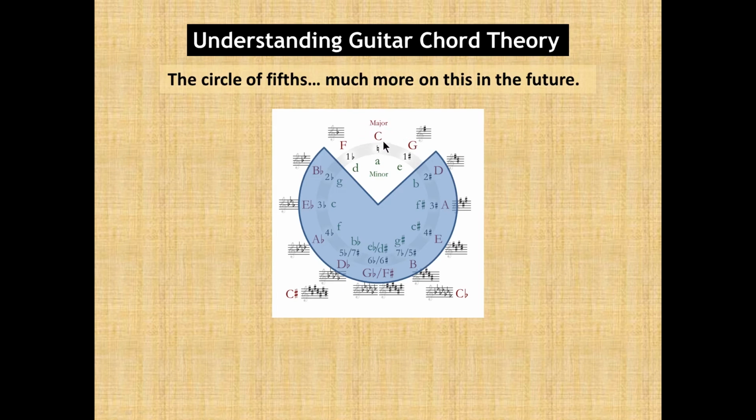So remember I said that in the key of C, the chords you were going to use were the 1, the 4, and the 5, which are major chords, C, F, and G. And the minor chords you were going to use were D, A, and E. So this is the 2 chord, this is the 3 chord, and this is the 6 chord.